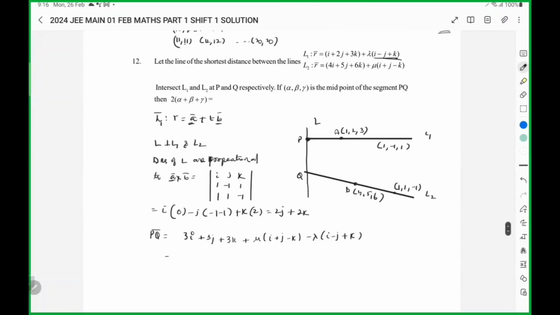So it is i into (3 plus mu minus lambda), j into (3 plus mu plus lambda), k into (3 minus mu minus lambda).